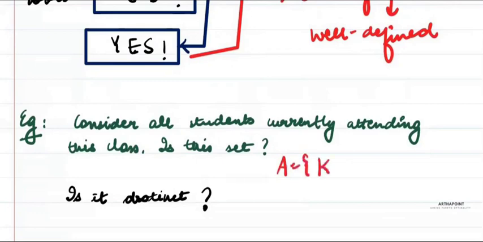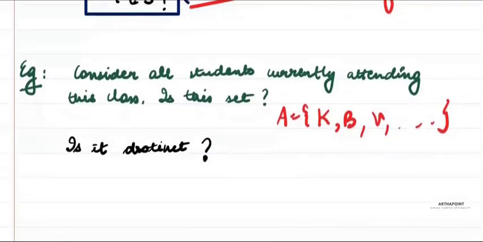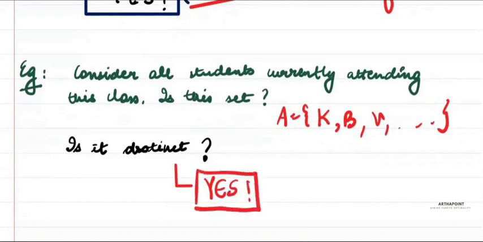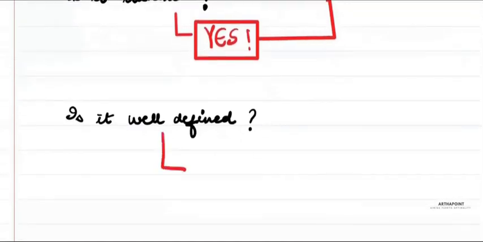So it will consist of Kunal, it will consist of Viblu, it will consist of Vijeta, etc. This is my set. Now I ask you, is this set distinct? The answer is yes, it is, because I see each element only coming once. I don't see any element coming twice. Is this well defined? The answer is again yes.